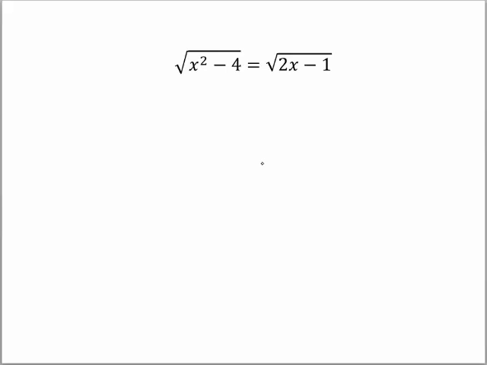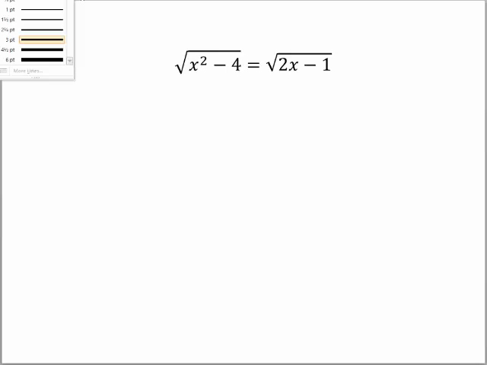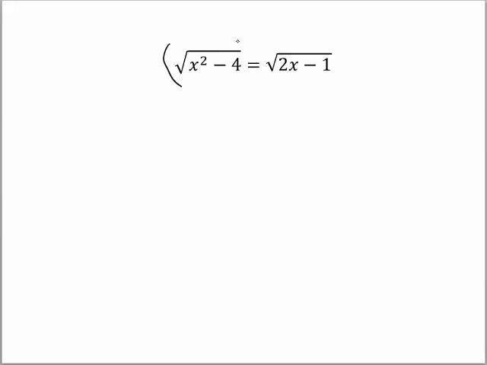All right, here comes a tricky one. Now, it doesn't look too bad. What if we square both sides? What happens? That doesn't seem too bad to get rid of that, right? And this side we square.